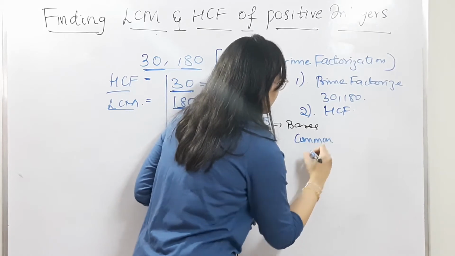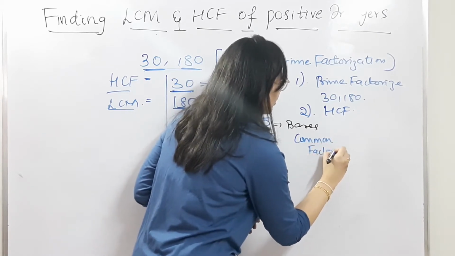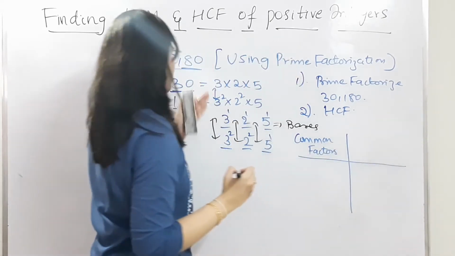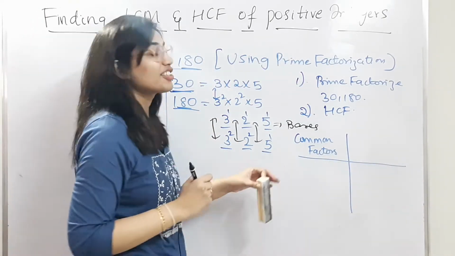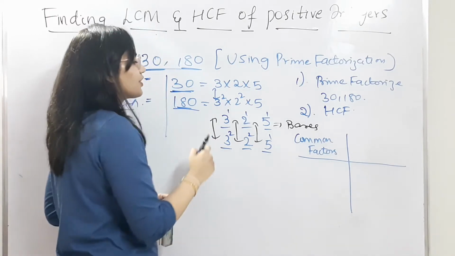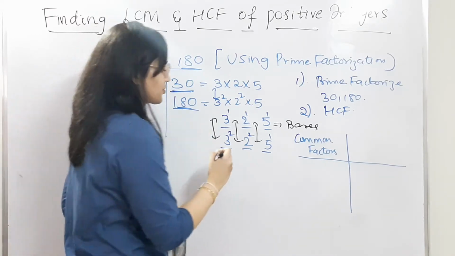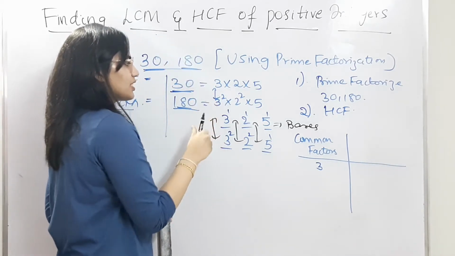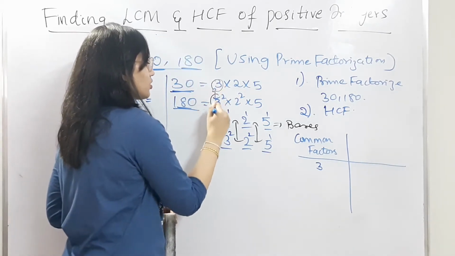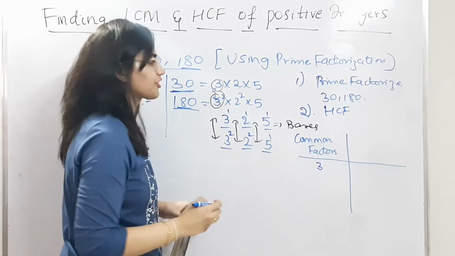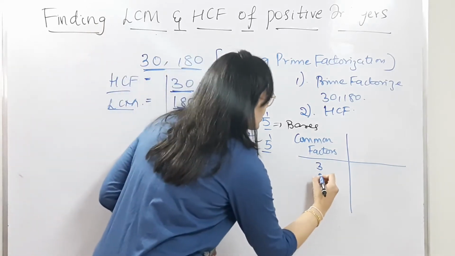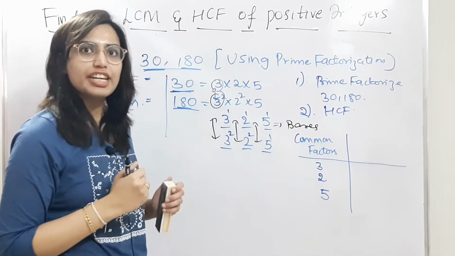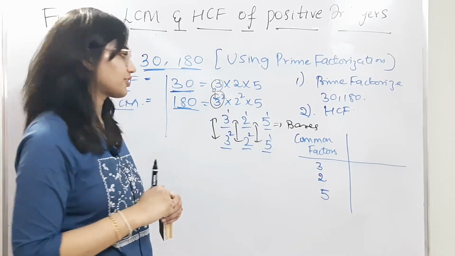Okay. Now, since we are finding the HCF, first let's write the common factors. 3 is a common factor because in both of these numbers we have 3. So, I am writing 3 as the common factor. Then we have 2 also as the common factor, and the next common factor is 5. So 3, 2, 5 are the common factors.